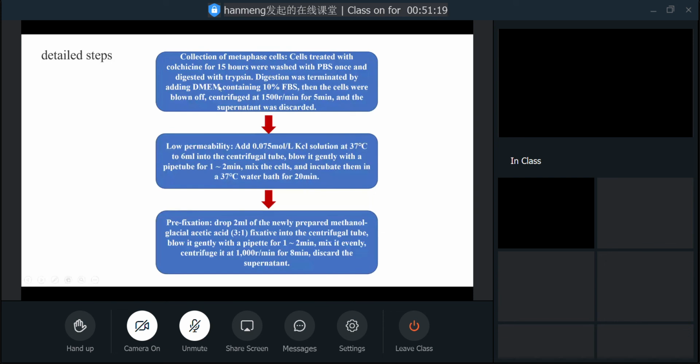Then the cells are blown off and centrifuged at 1,500 for 5 minutes, and then the supernatant is discarded.